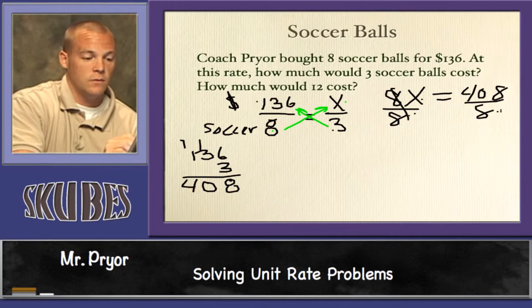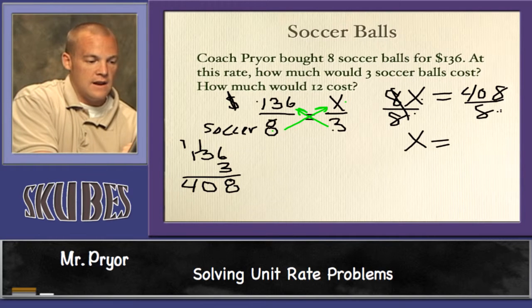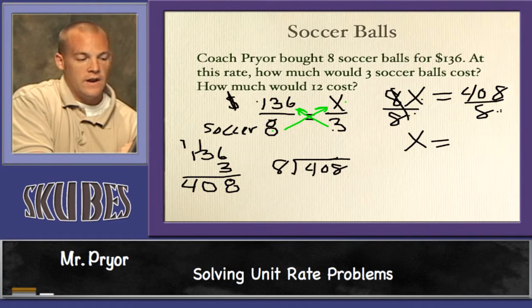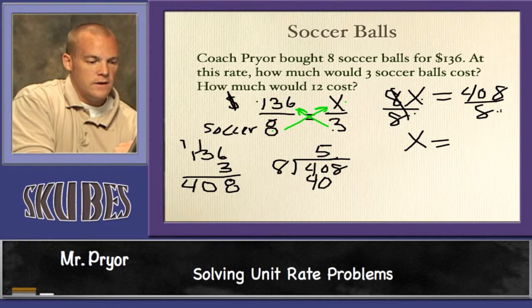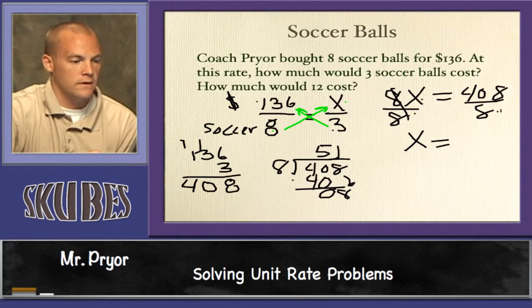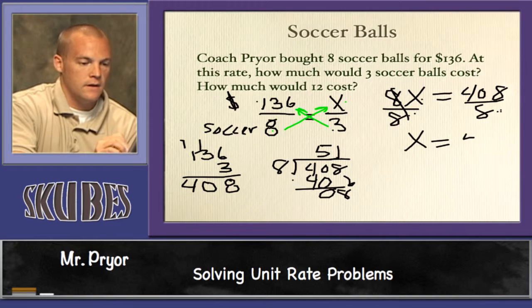So that's going to leave us with just x equals, so now we need to divide that out. 8 into 408. So 8 goes into 40 5 times. 5 times 8 is 40. Bring down that 8, and you can see it works out quite nicely to give us 51. And that's going to be $51.